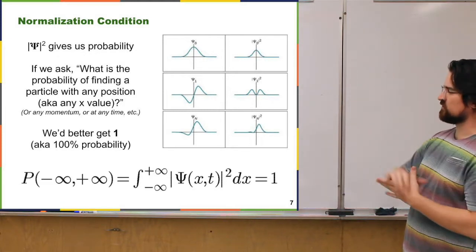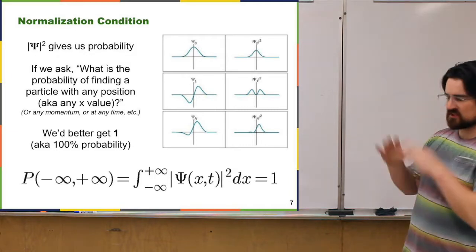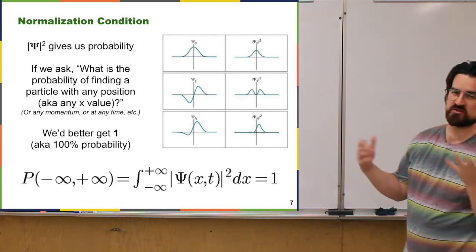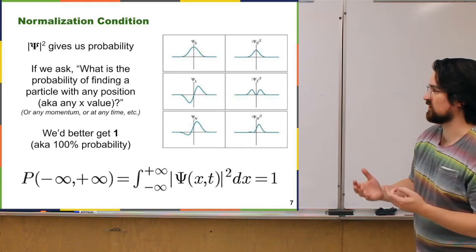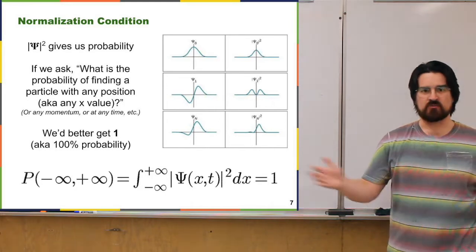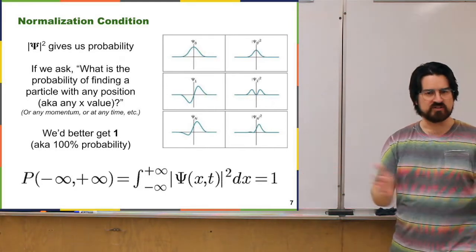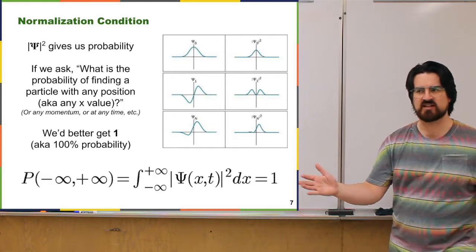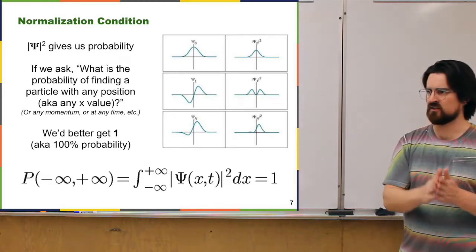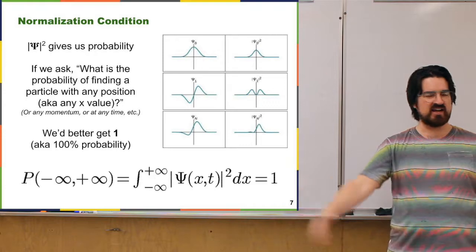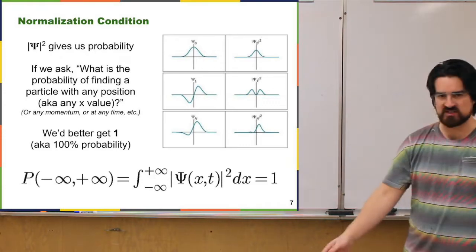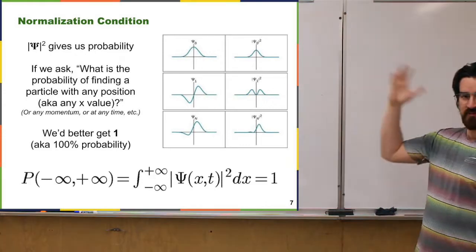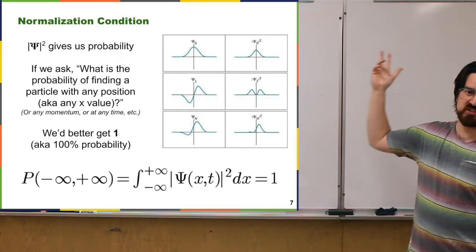So if that gives you probabilities, the next thing you might ask is, what's the probability of finding a particle anywhere? We're just talking about one dimension, x. Anywhere along the x-axis, if you have a particle somewhere there, what's the probability of finding it anywhere along the x-axis? So from minus infinity to plus infinity. From that, we get what's known as the normalization condition.